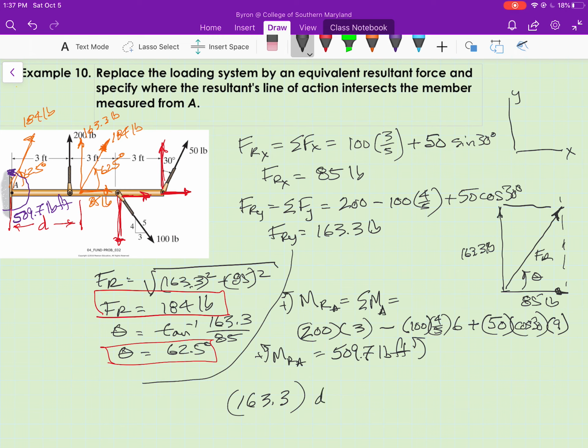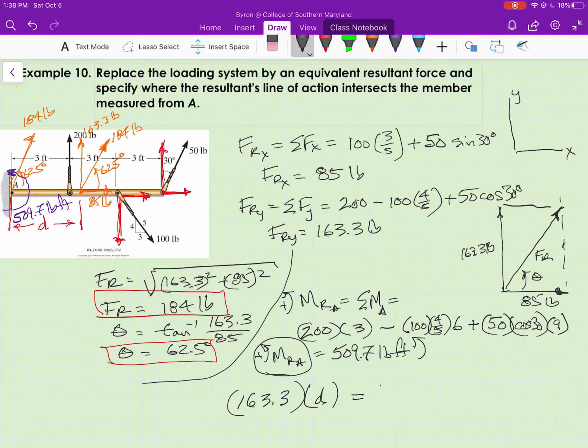acting at a distance of D, which is our unknown, and what we want to do now is set that equal to the resultant moment about A that we're trying to replace.